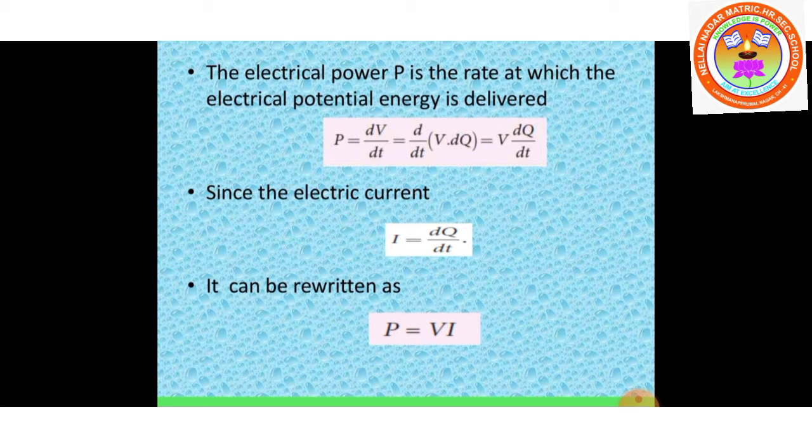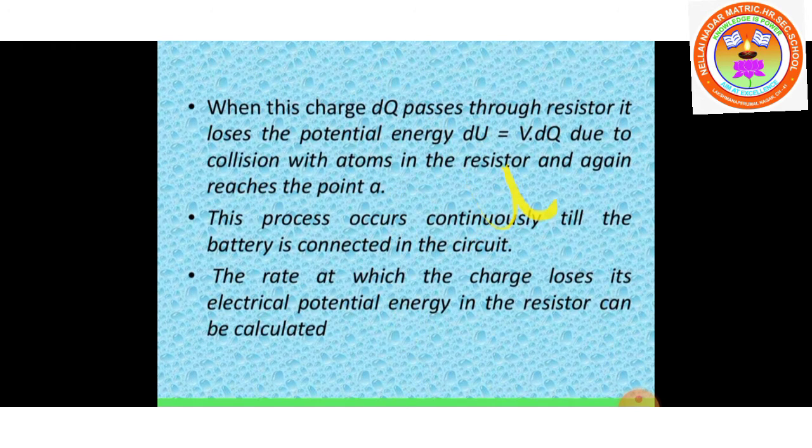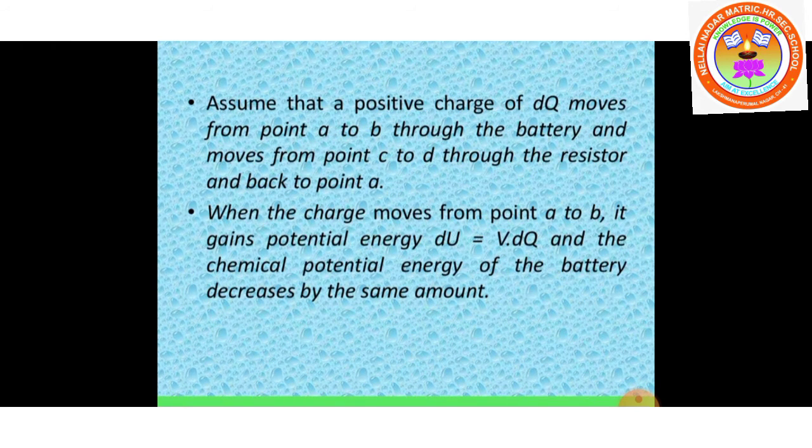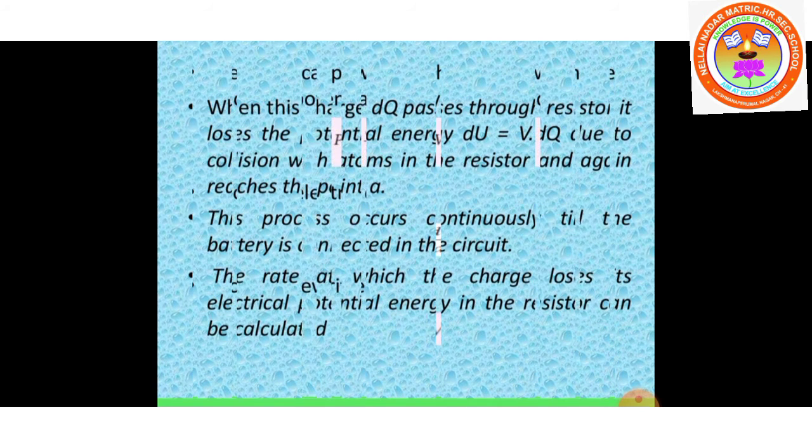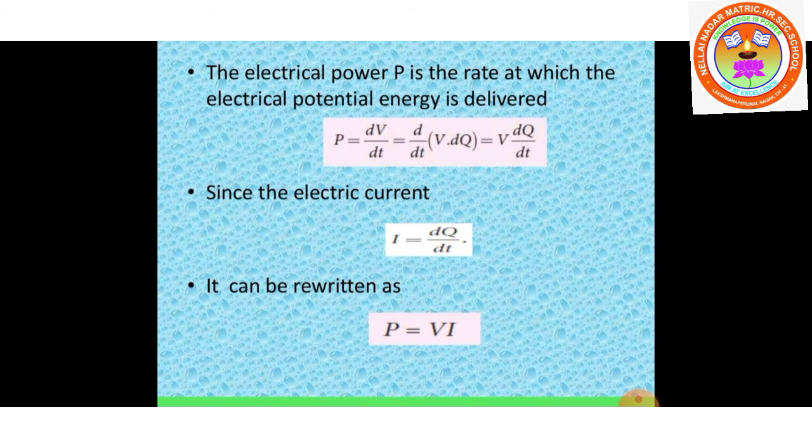It is calculated using the formula P is equal to dU divided by dt. Students, note this formula: the power P is equal to dU divided by dt.